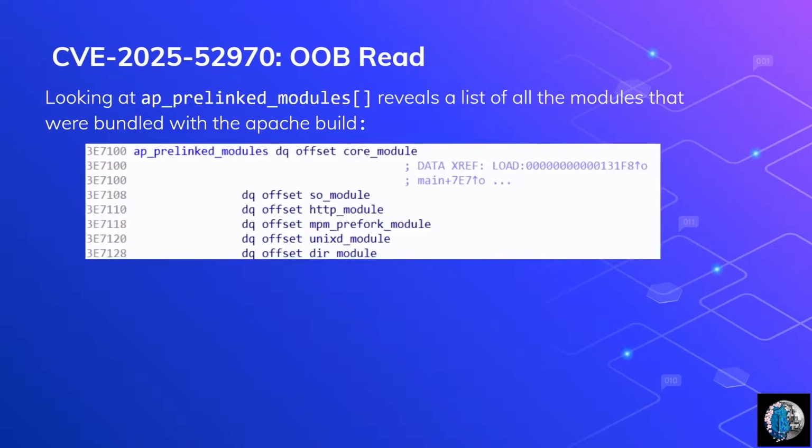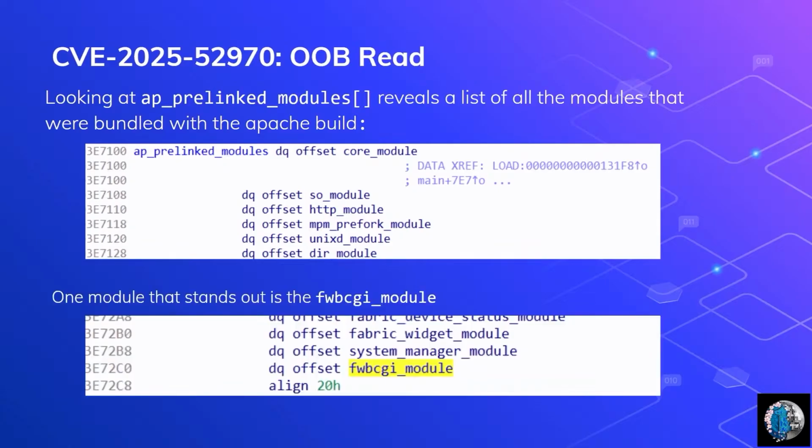If you look at it, in the beginning you will see a lot of familiar, popular Apache core modules like HTTP, UnixD, dir module. But if you keep scrolling down, you will see one module that stands out. And guess what? This is exactly the one that we saw earlier from the configuration. This is the FWB CGI module.